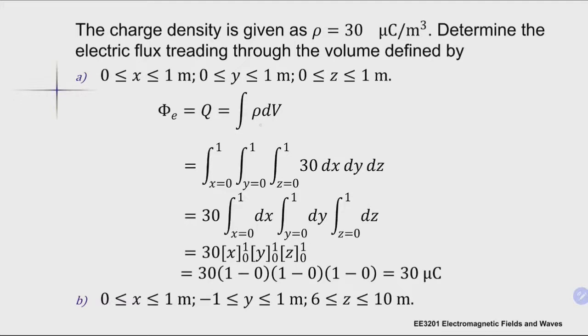Okay, remember we talked about last week, in an X, Y, and Z coordinate system, we can define a very small volume with sides dx, dy, and dz.